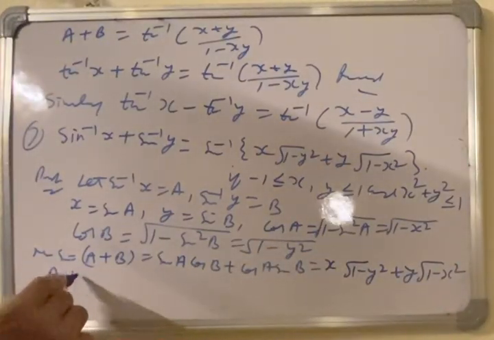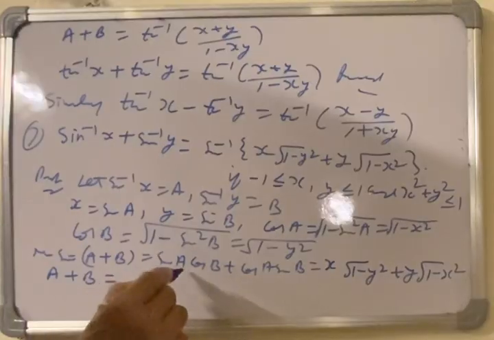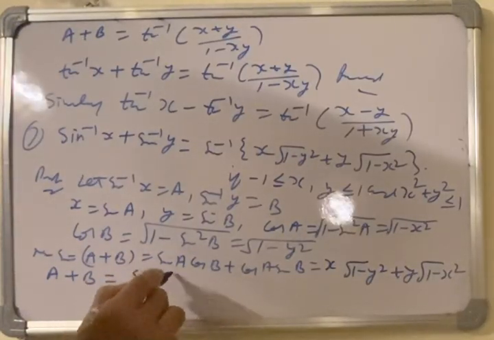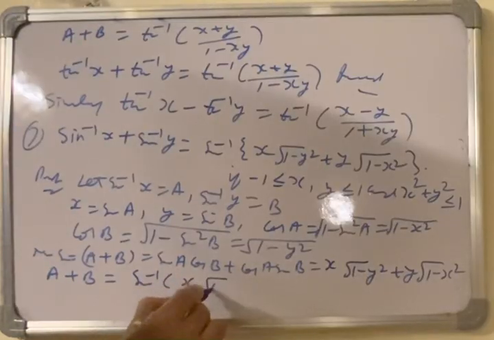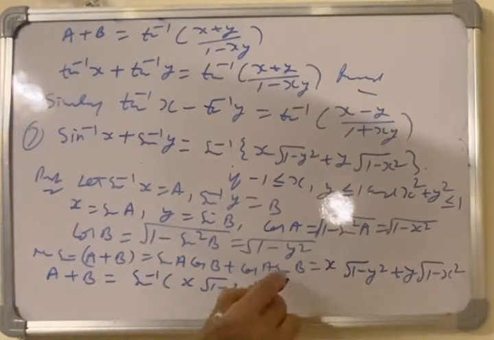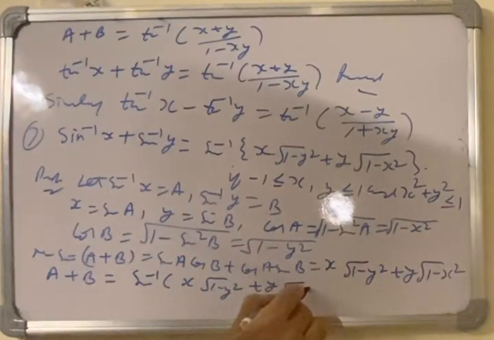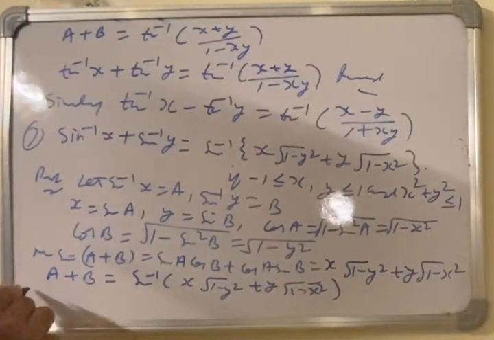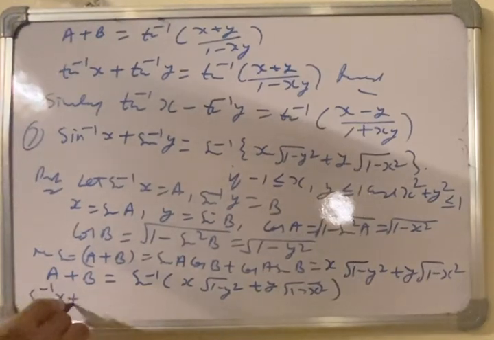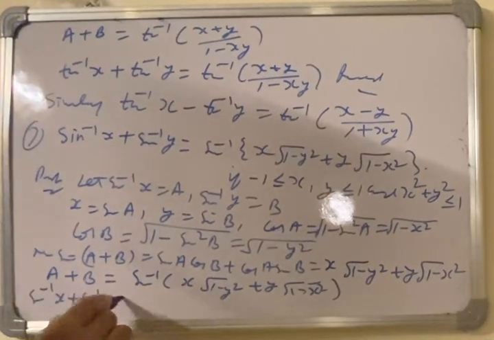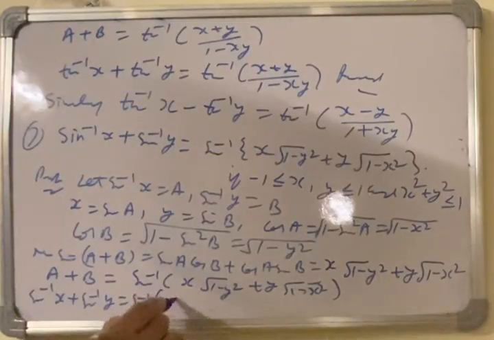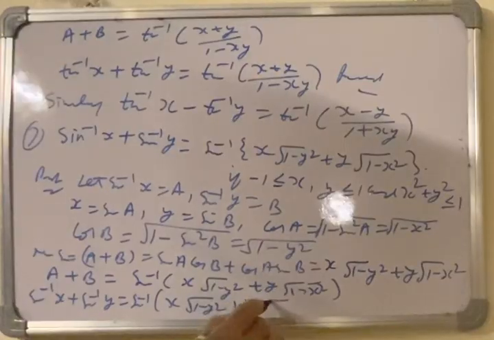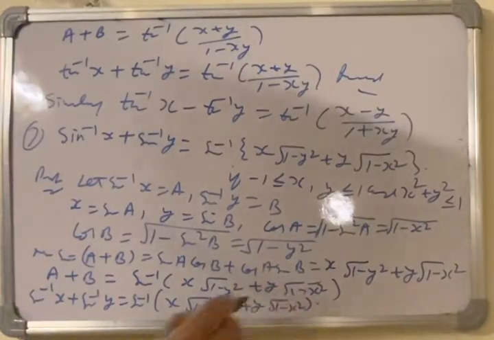So A plus B is sine inverse of x into square root of 1 minus y square plus y into square root of 1 minus x square. By putting the values of A and B, sine inverse x plus sine inverse y is equal to sine inverse of x into square root of 1 minus y square plus y into square root of 1 minus x square.